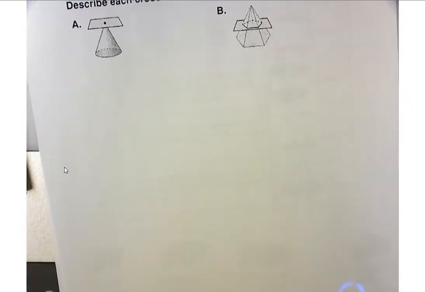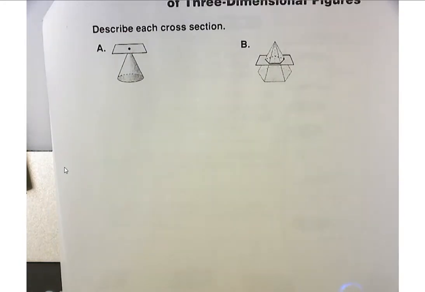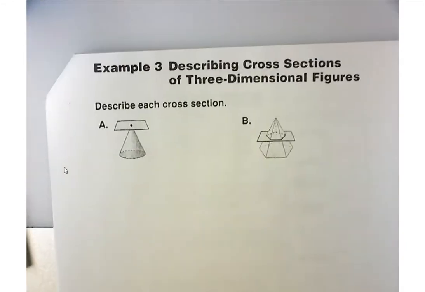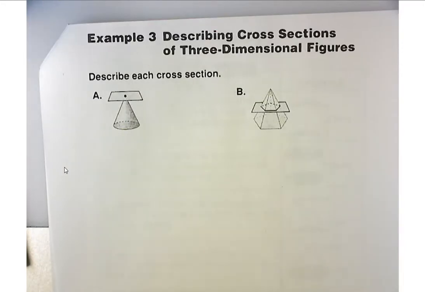All right, and then our next example, example 3, we are going to describe cross sections. Okay, so a cross section is going to be what you get when you chop a shape with a piece of paper. They're going to show you the shape in the cross section.